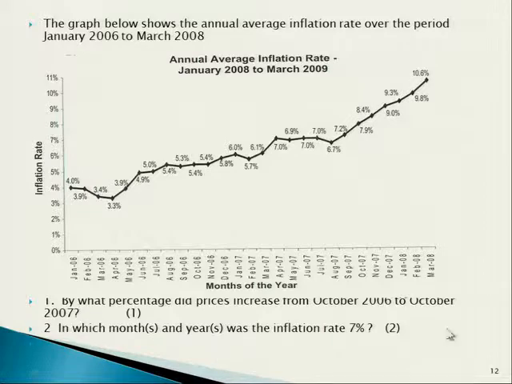And the next value is October 2007. So now I have to go to October 2007, and I take my ruler and I find the value of October 2007. And what do you notice then?